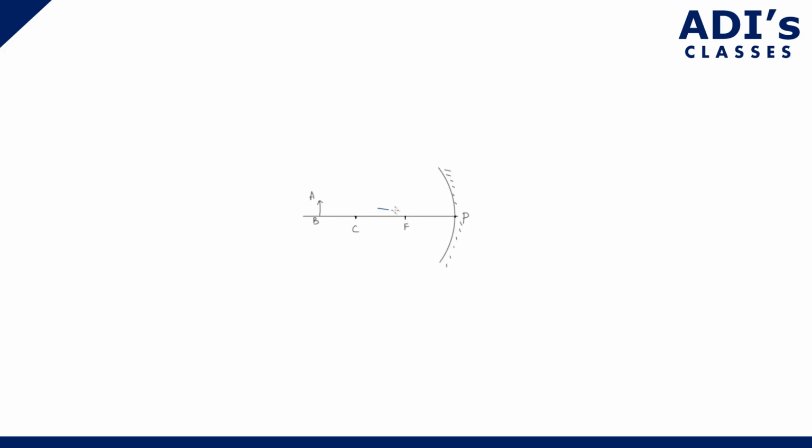Now again, from A, we have different rays of light coming. So this is one. Now a parallel beam of light will pass through the focal length, correct? So this is one ray of light.